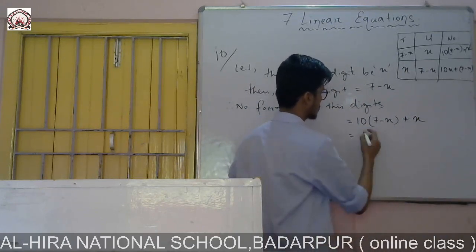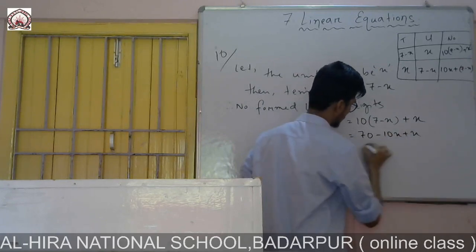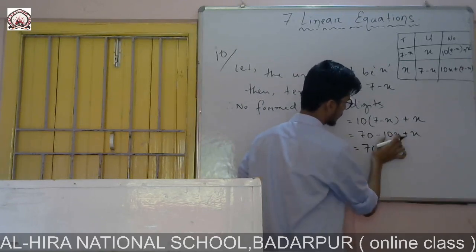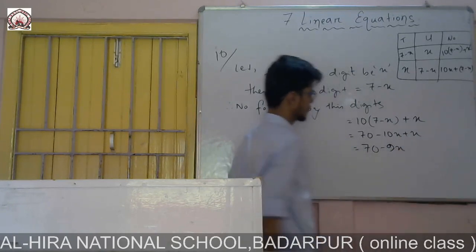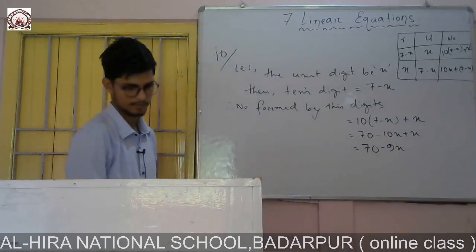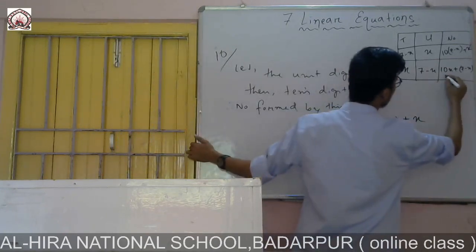Okay. So now 10 sevens are 70, minus 10x plus x. So it is minus 9x: 70 minus 9x. And the number formed if I interchange the digits, I will get this number.